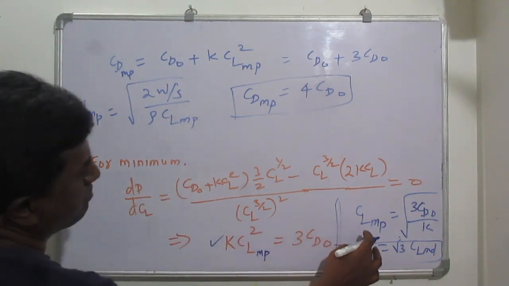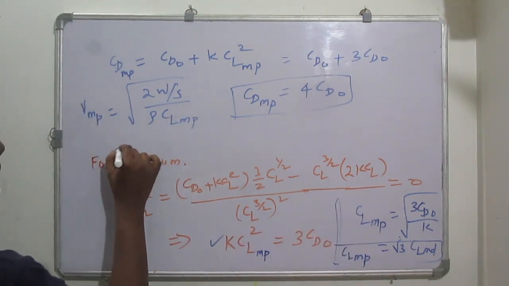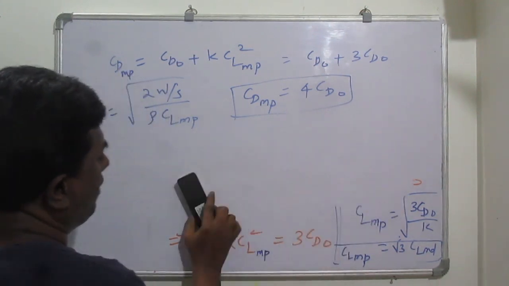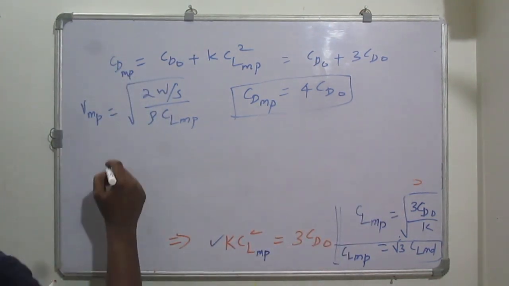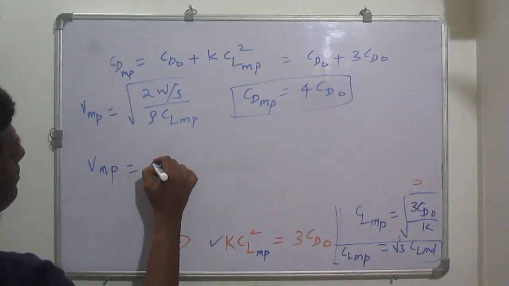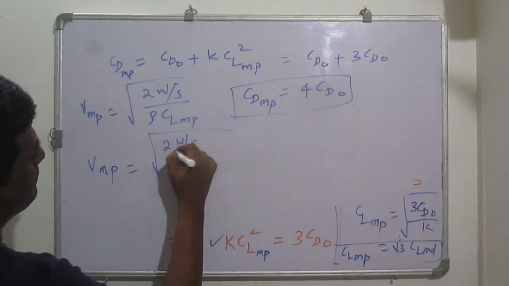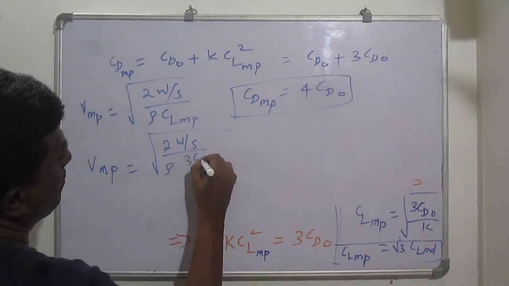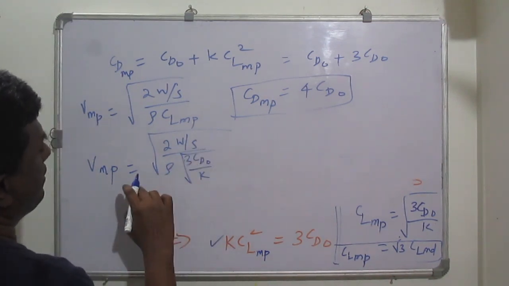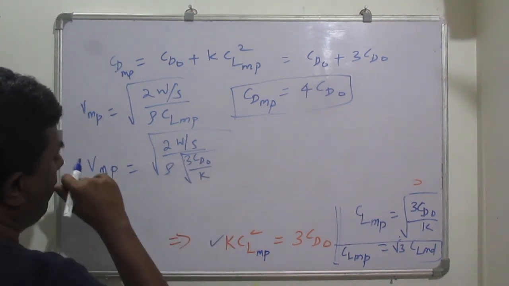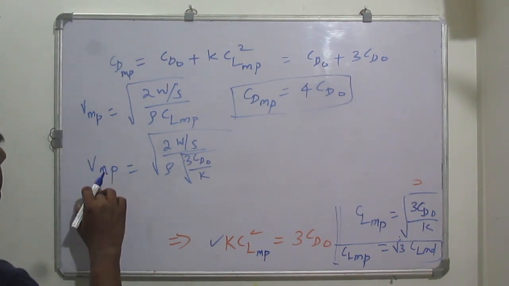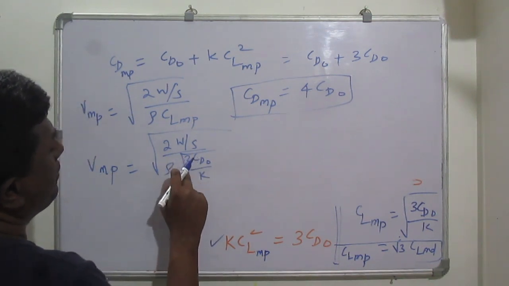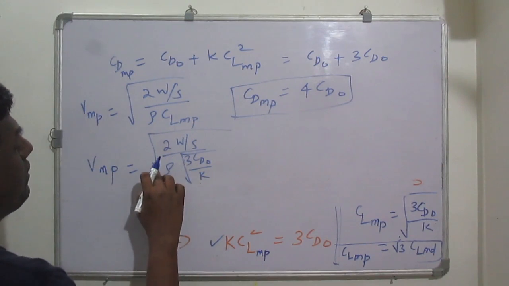CL minimum power we can substitute, and it is nothing but 3 CD naught by K. In the case of minimum drag velocity, it is only CD naught by K, but here we are having root 3 under the root.